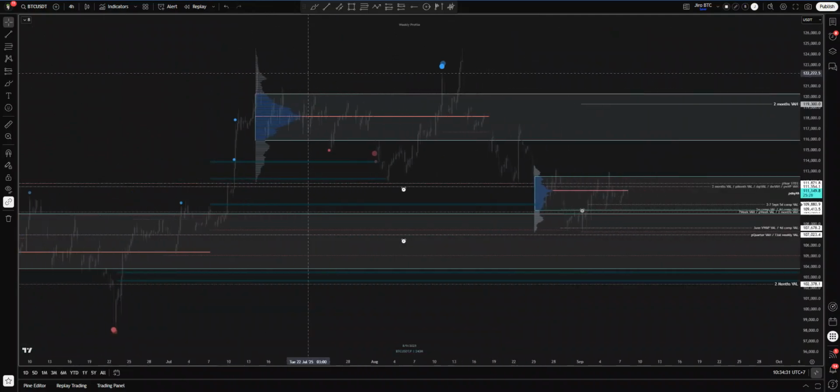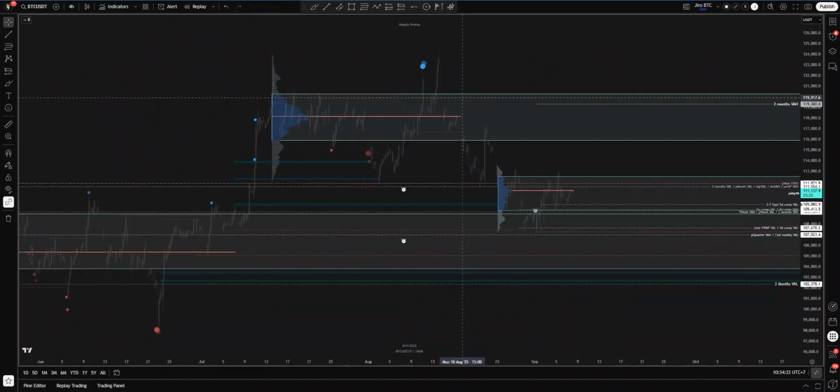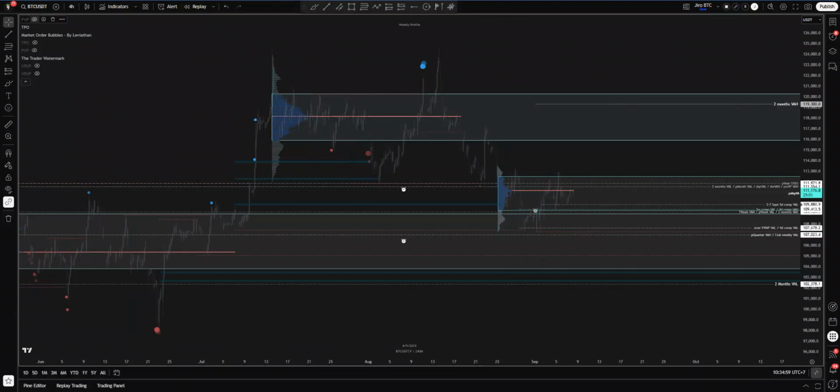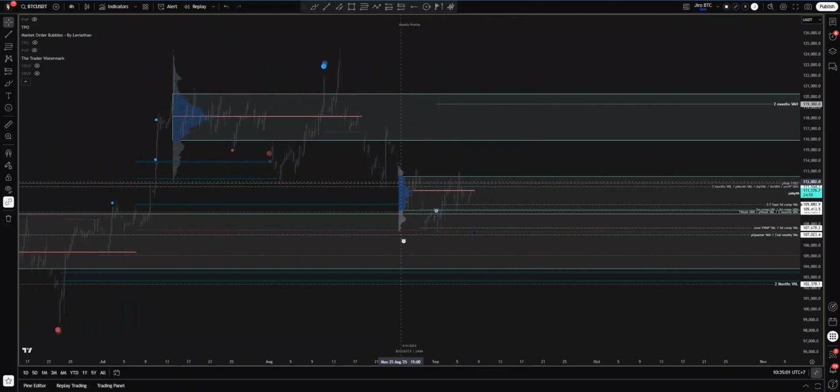I pre-prepped this a bit, but what I want to share here is that last week's auction is still within the previous week range, so we merge it into a 2-week composite, and the result is this fixed range area here, fixed range volume profile here.